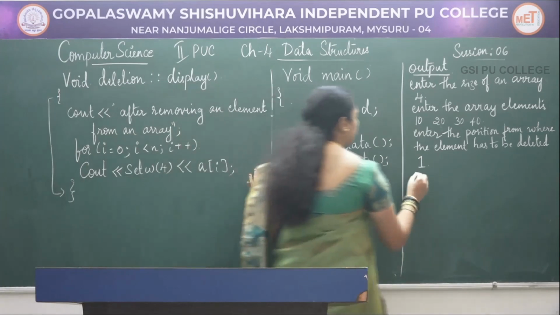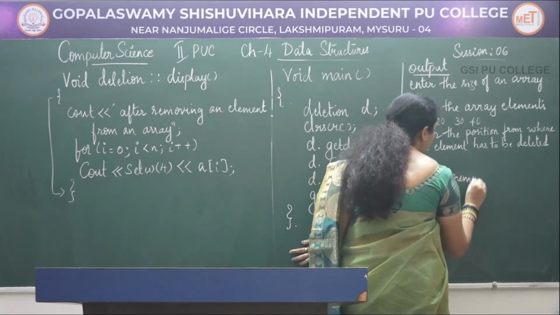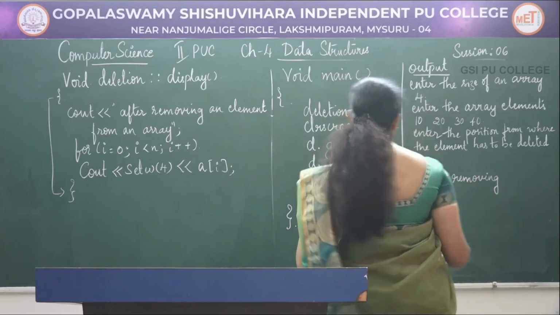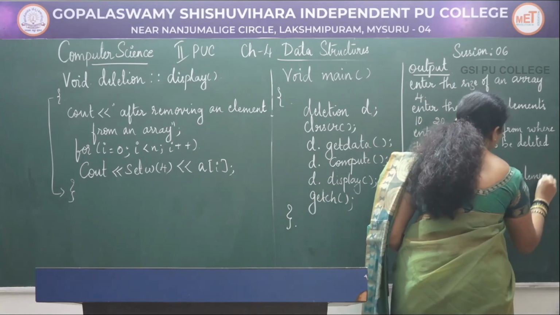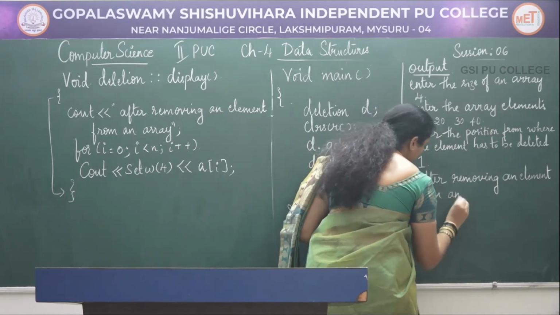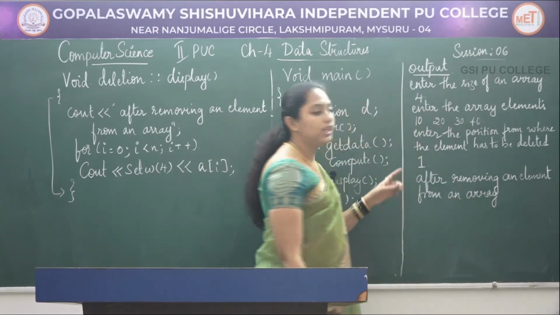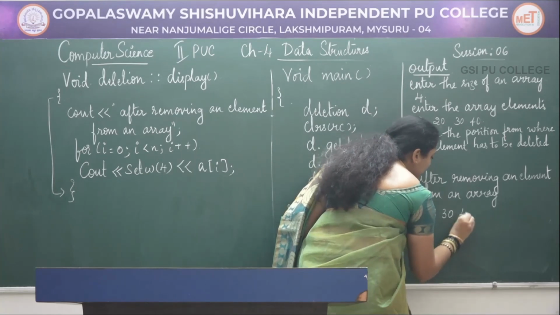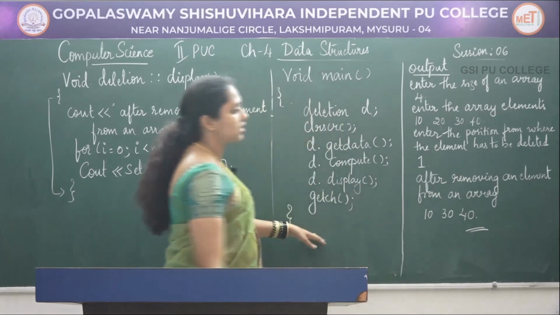So, after removing an element from an array, an array contains only 10, 30 and 40 as its array elements. So, this is the output for this program.